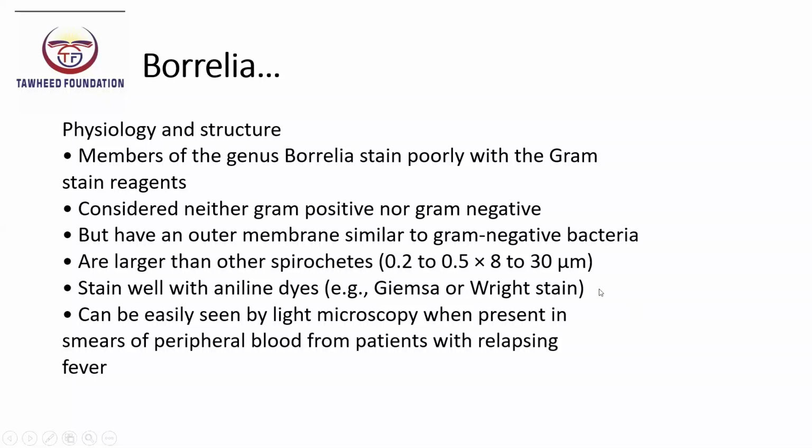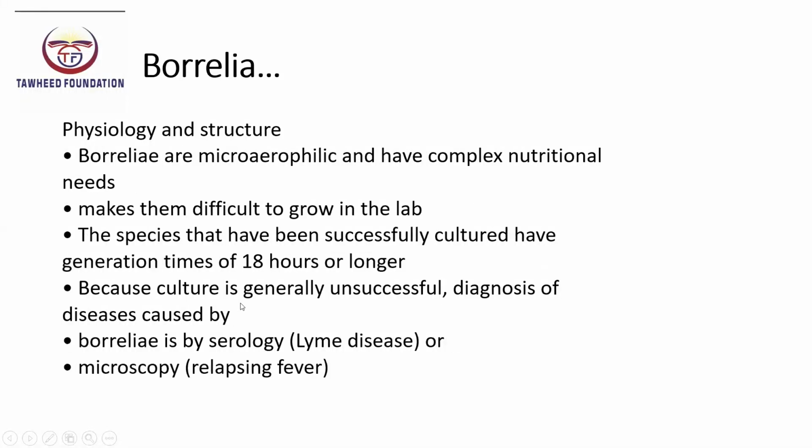Its size ranges between 0.2 to 0.5 by 8 to 30 μm. It stains well with aniline dyes, that is Giemsa or Wright stain. It can be easily seen by light microscopy when present in smear or peripheral blood from patients with relapsing fever. Continuation of physiology.